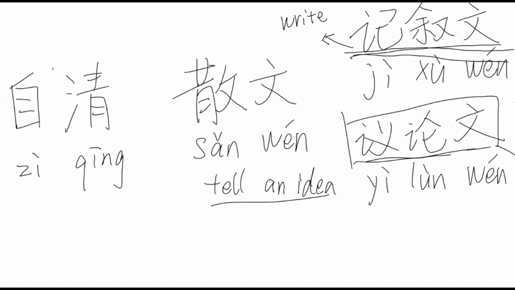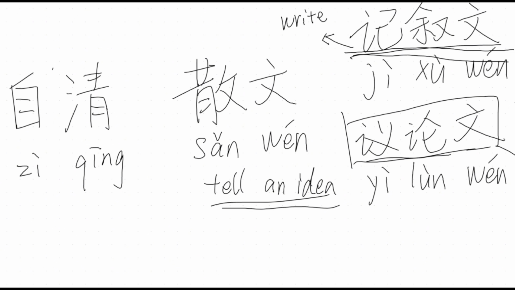Maybe the first paragraph is about me getting up, eating breakfast. Second paragraph is about something that happened before or now. And third paragraph might be, well, I thought of an idea that I didn't want to tell. But underneath, they all want to say the same thing, the same idea. So that's what 散文 will be like.